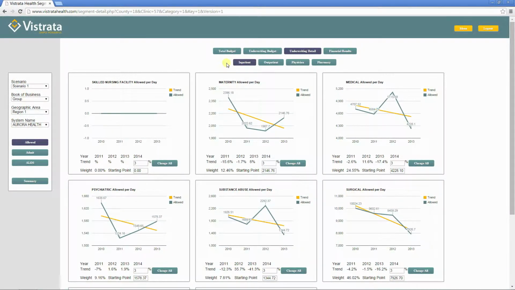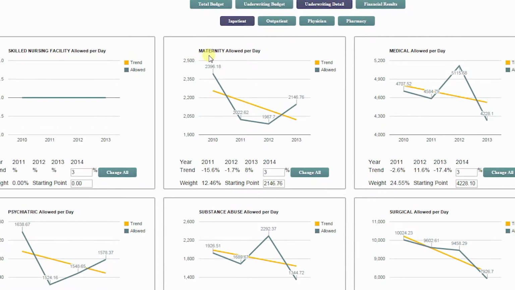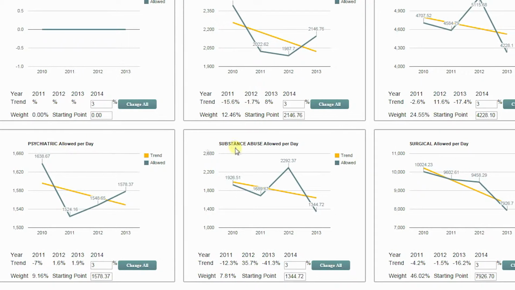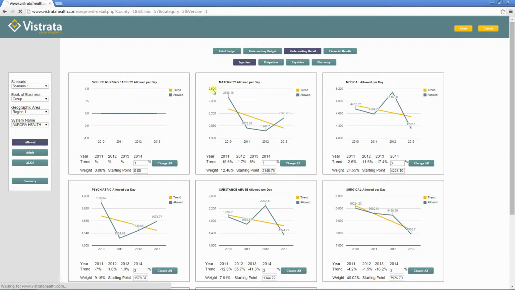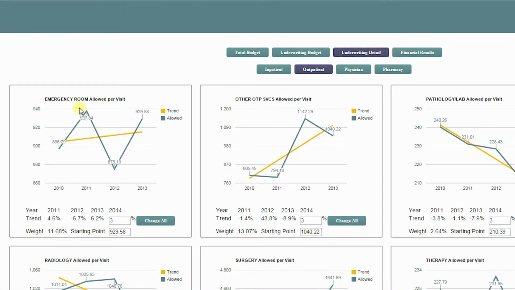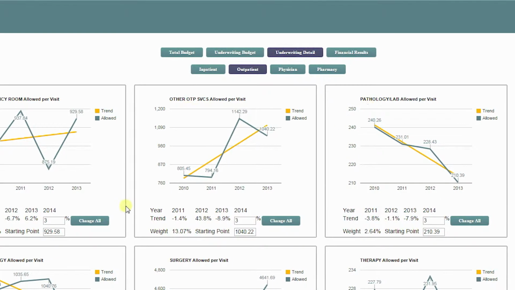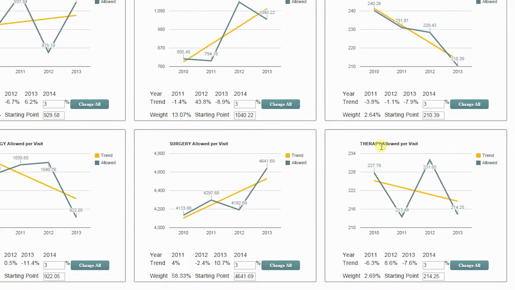The pages dedicated to the 4 major categories are comprised of certain medical conditions. As you see, the inpatient category includes skilled nursing facility, maternity, medical, psychiatric, substance abuse, and surgical. The outpatient category includes emergency room, other outpatient services, pathology, radiology, surgery, and therapy.